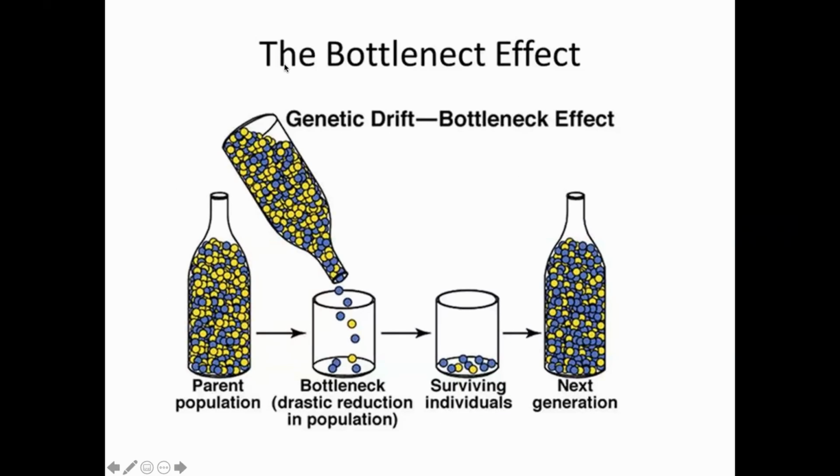Where does the population structure come from? It is mainly due to random drift of alleles in different populations, which is especially relevant if a population goes through a bottleneck, which means that at some time point the population size has been very small. Let's say we have a parent population where individuals are carrying both blue and yellow alleles for a certain genetic variant.